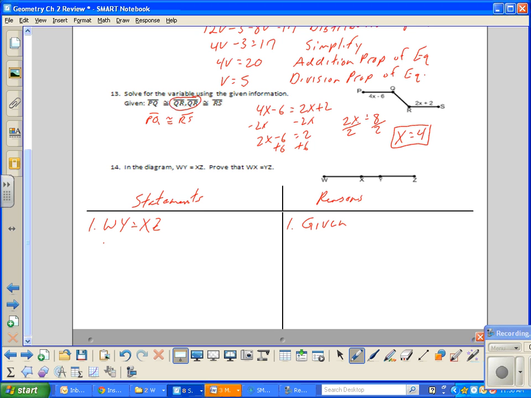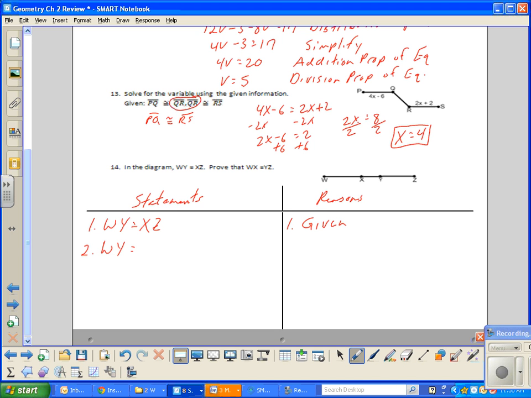Then we're going to go from there and explain what WY and XZ are, because when we look, WY is the big segment and XZ is a big segment, where WX is part of WY and YZ is part of XZ. So we're going to try to bring those parts in by explaining what WY and XZ are.